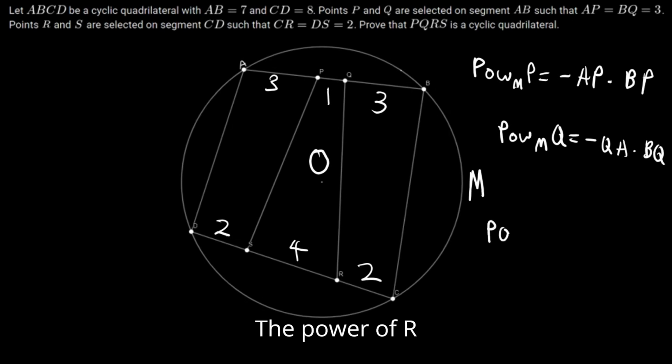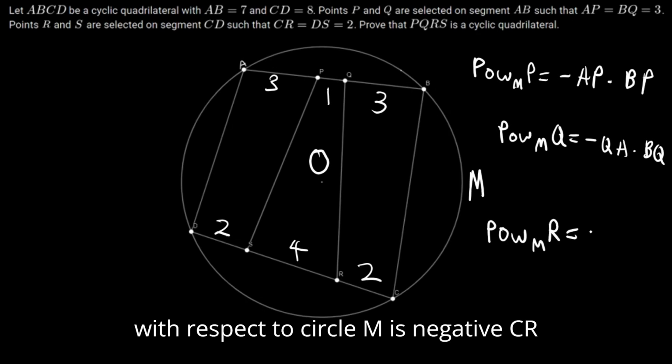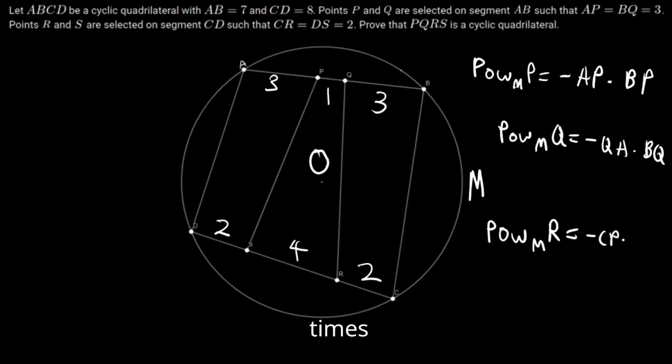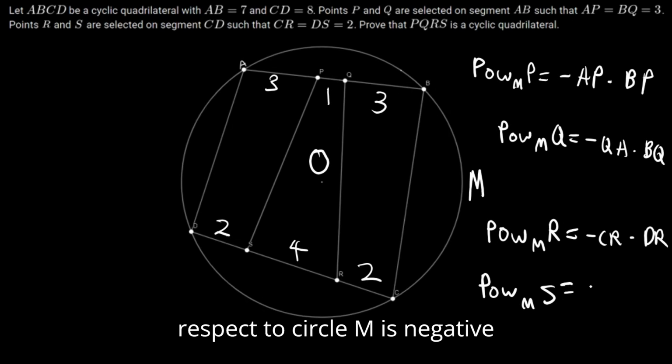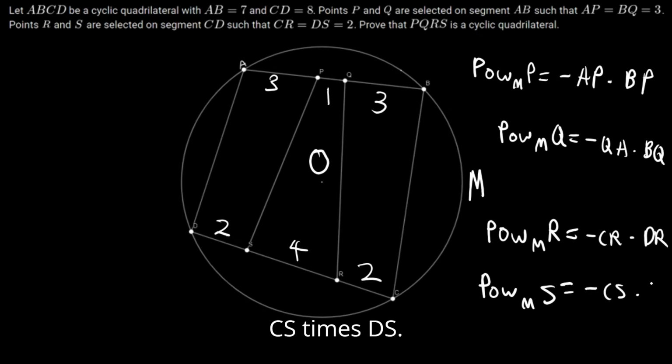The power of R with respect to circle M is negative CR times DR, and the power of S with respect to circle M is negative CS times DS.